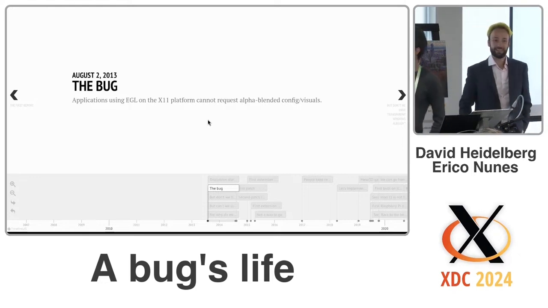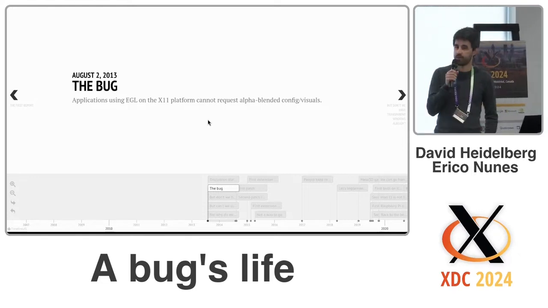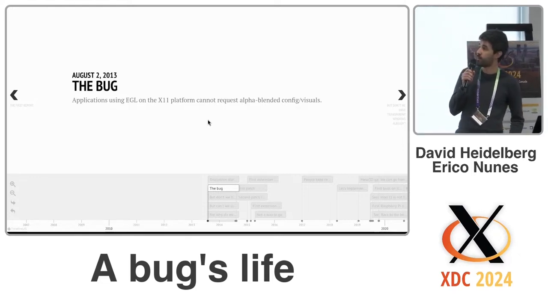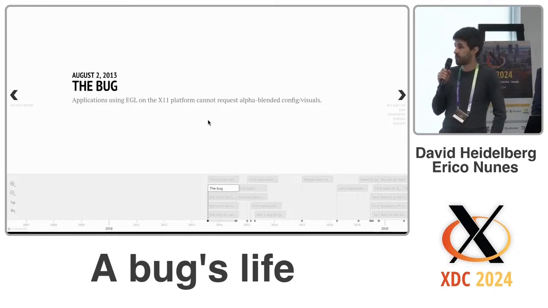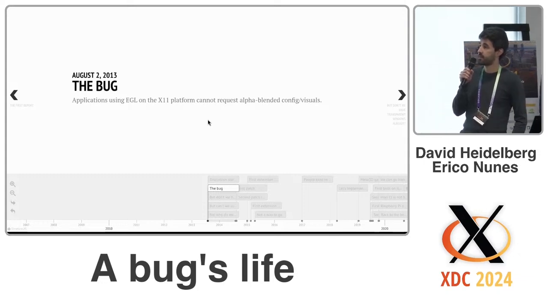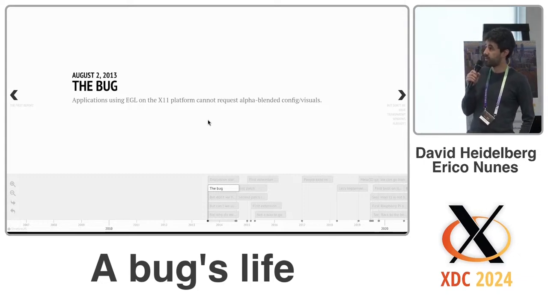Yeah, so after this introduction, I want to talk a little more about what exactly the bug is. A simple description is that applications using EGL on the X11 platform cannot request alpha blending configs or visuals.